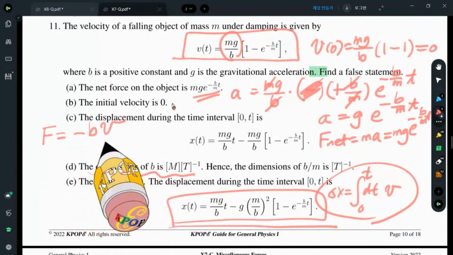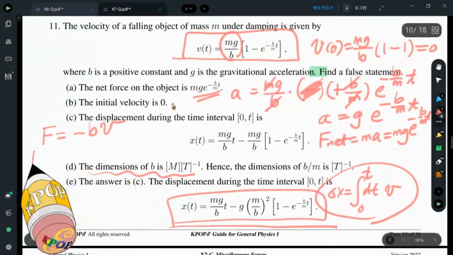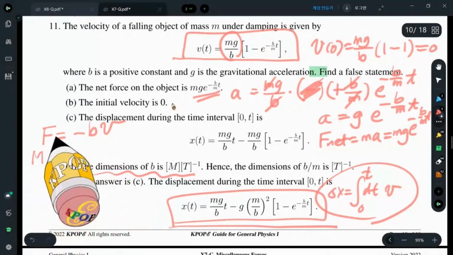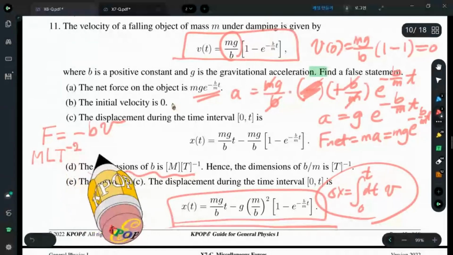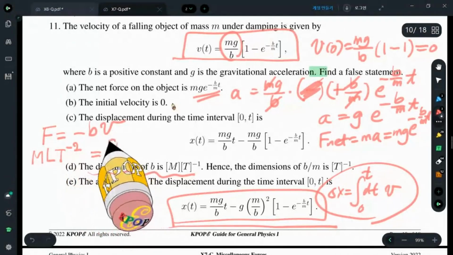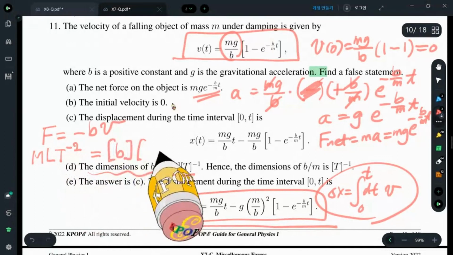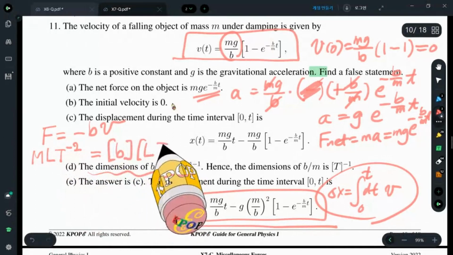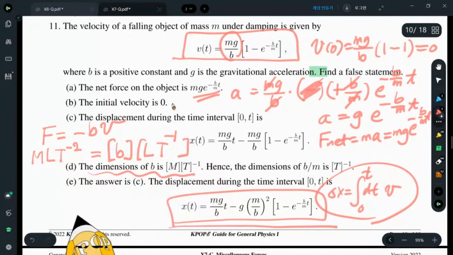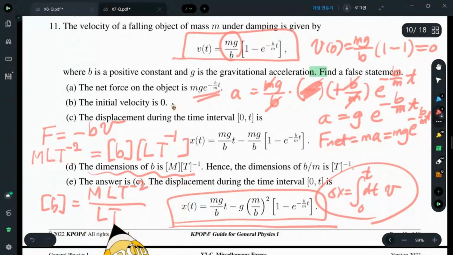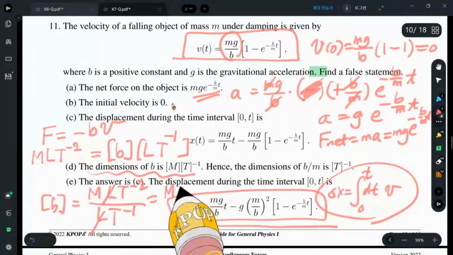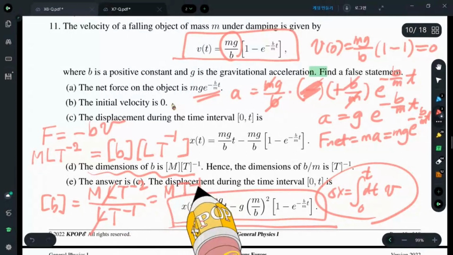In that case, F equals mass times acceleration, which is M L T to the minus 2, and velocity is L T to the minus 1. So the dimension of b is M L T^-2 divided by L T^-1. The L cancels and the answer is M T to the minus 1. That is right.